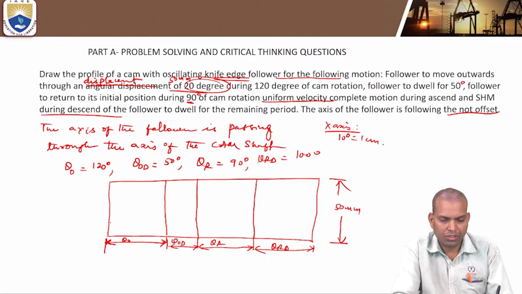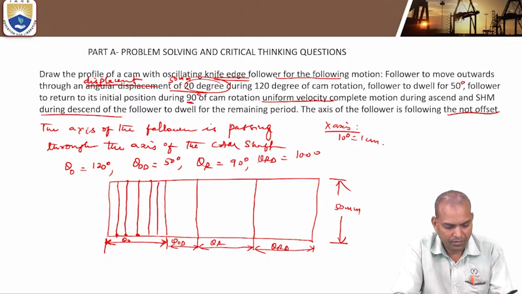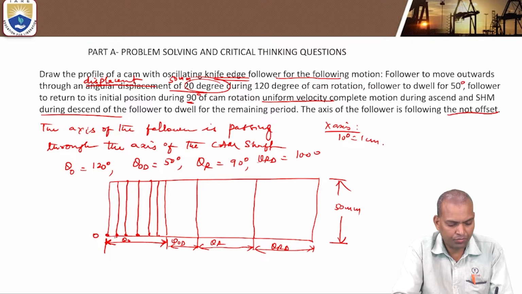Divide this 12 centimeters length into 6 equal divisions, an even number of parts, so that each part is 2 centimeters wide. Mark these 0, 1, 2, 3, 4, 5, 6. Similarly, the return stroke is also divided into equal divisions.